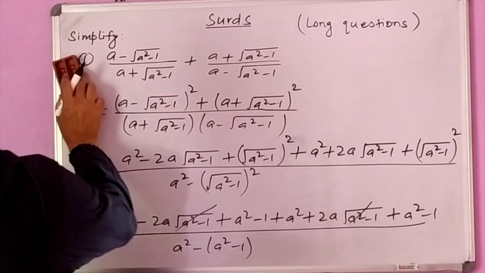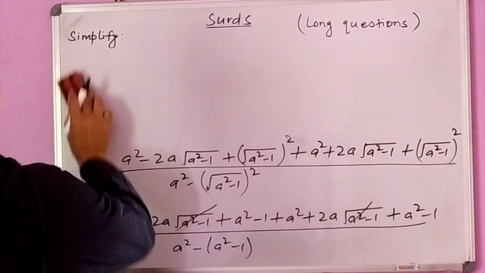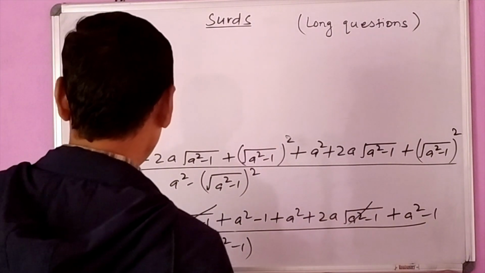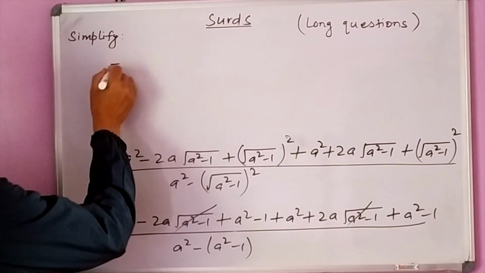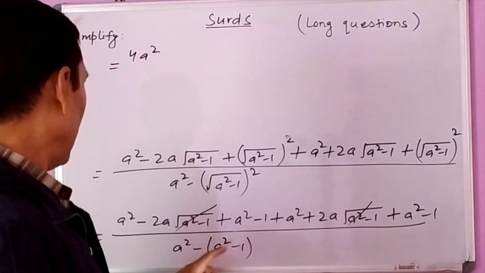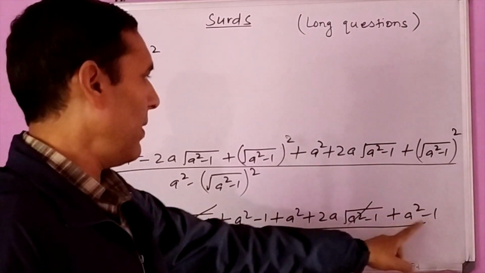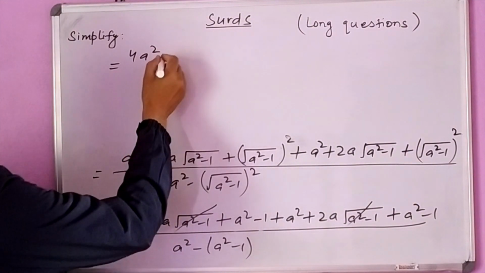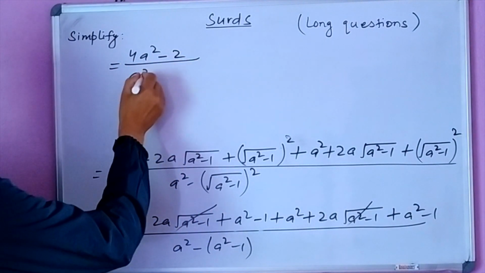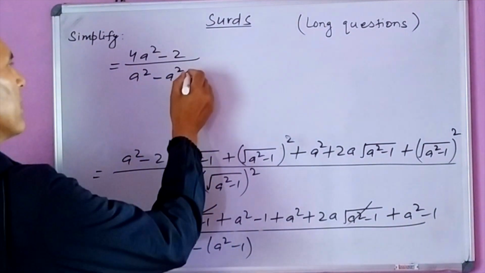Let's see. Now a square, a square, a square, a square. How many a squares are there? 4a square, and minus 1, minus 1, minus 2, upon, it is a square, open the bracket, minus a square minus minus plus 1.